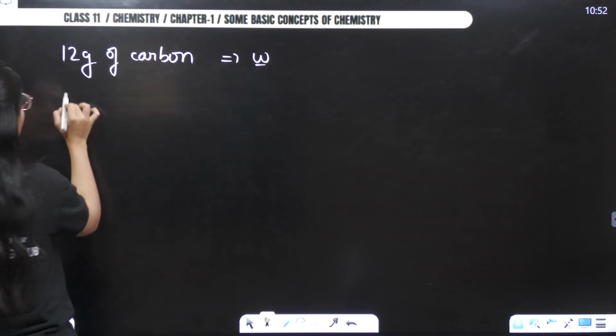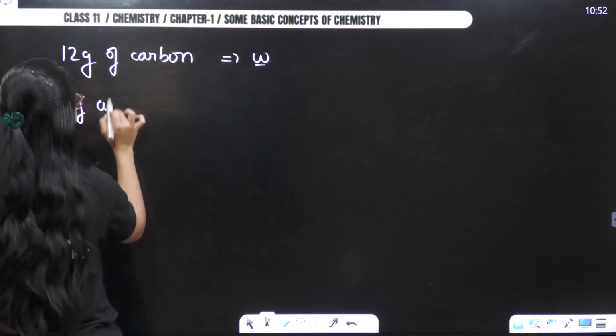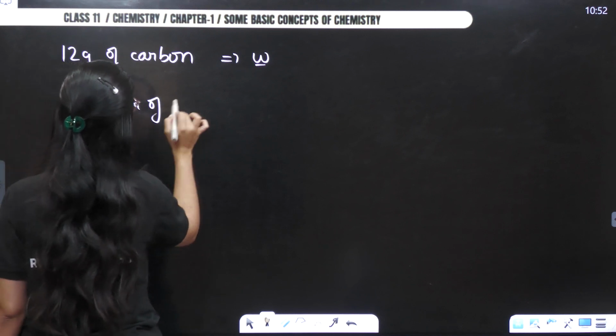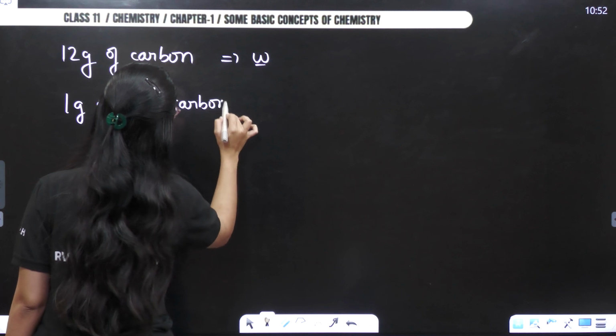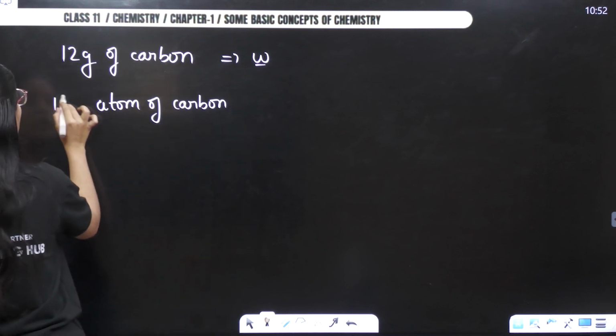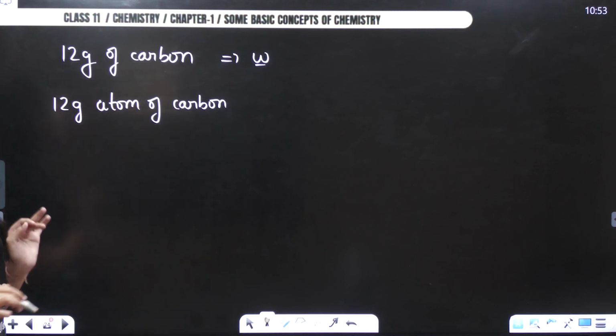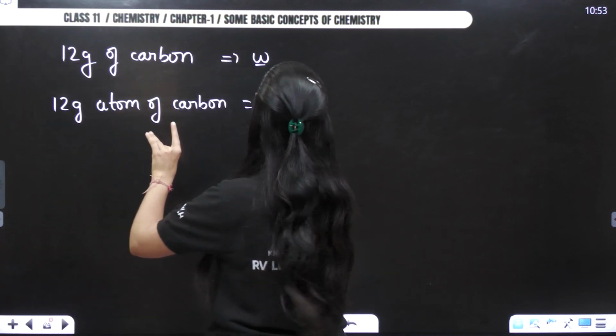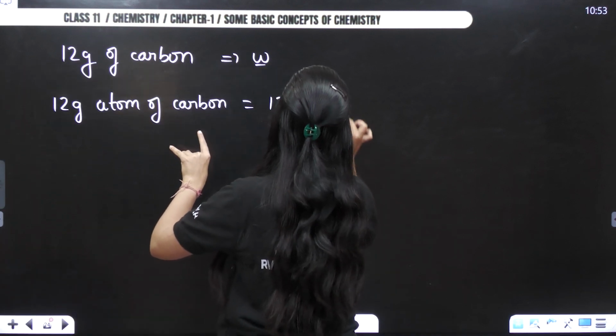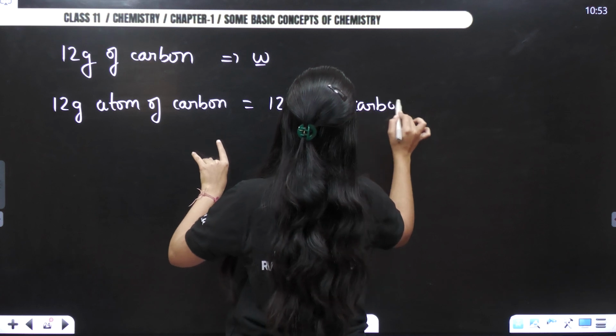If they are talking about 1 gram atom of carbon, or let's say 12 gram atom of carbon, then they are talking about 12 moles of carbon.